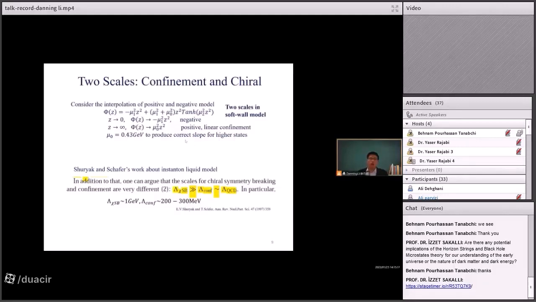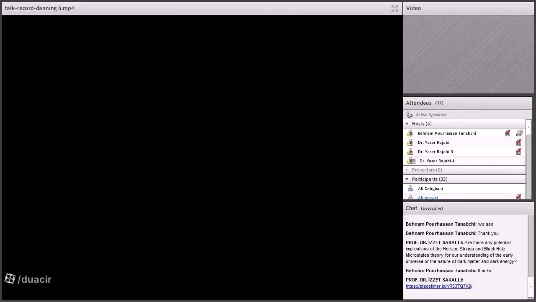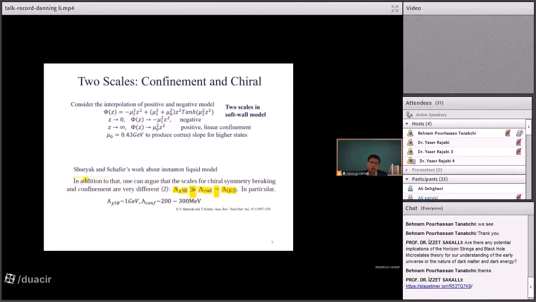And now we turn to the chiral transition. Since the original soft wall model cannot describe the chiral condensate in the chiral limit, we need to make some modification.